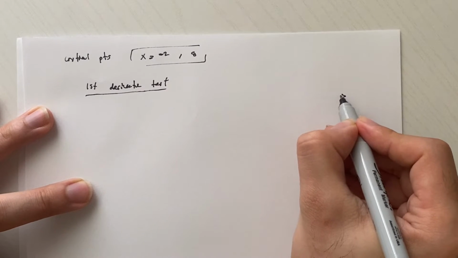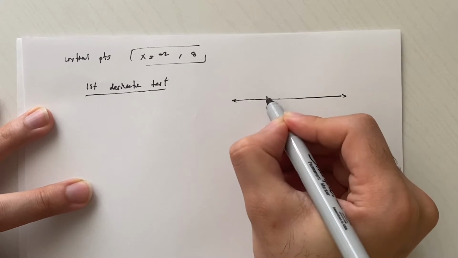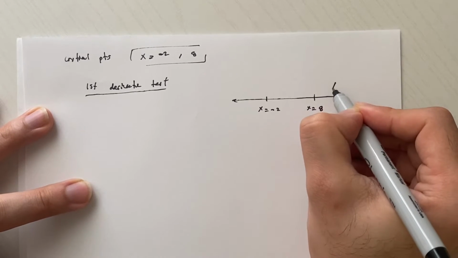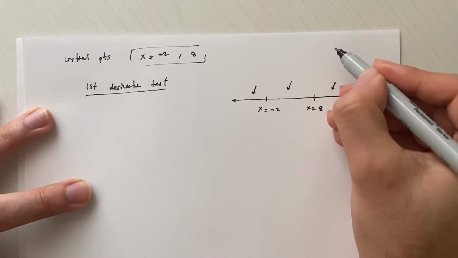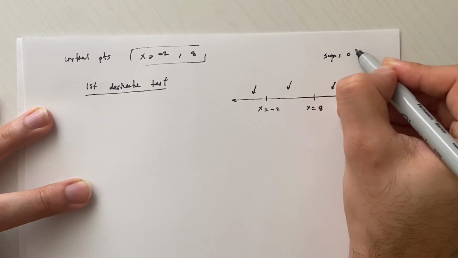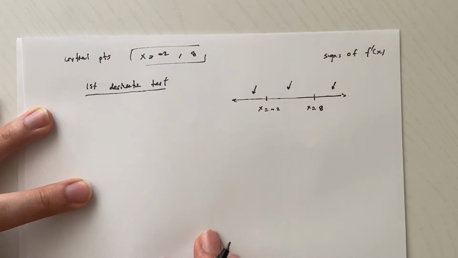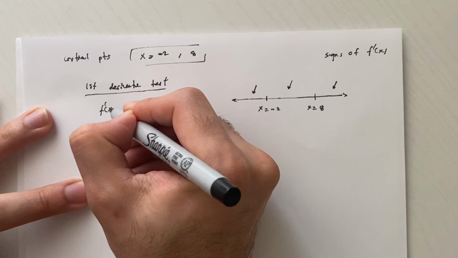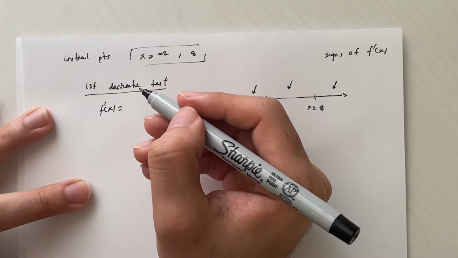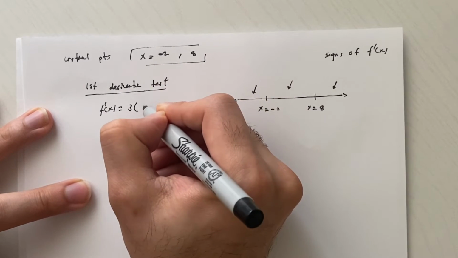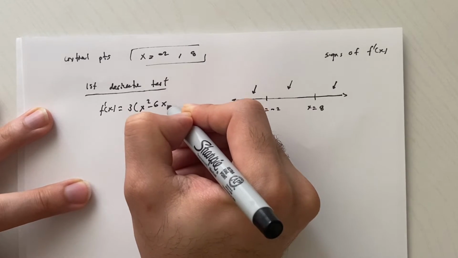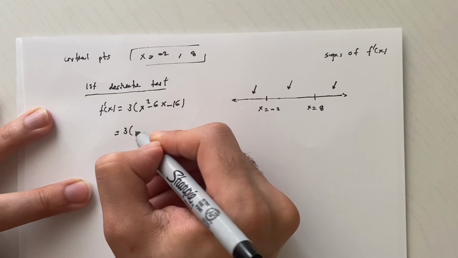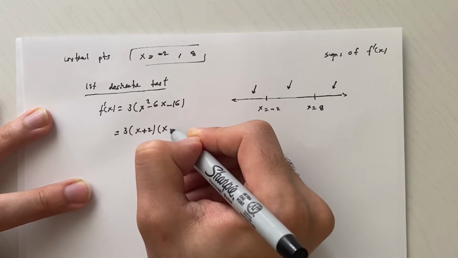So now we're going to apply the first derivative test to determine which of these points is a local maximum and which is a local minimum. First I draw a number line and mark the critical points on the axis, and then I'm going to figure out the signs of the first derivative. I'm going to pick numbers that are larger, lower, and between these critical points and evaluate them at the first derivative to figure out the signs.